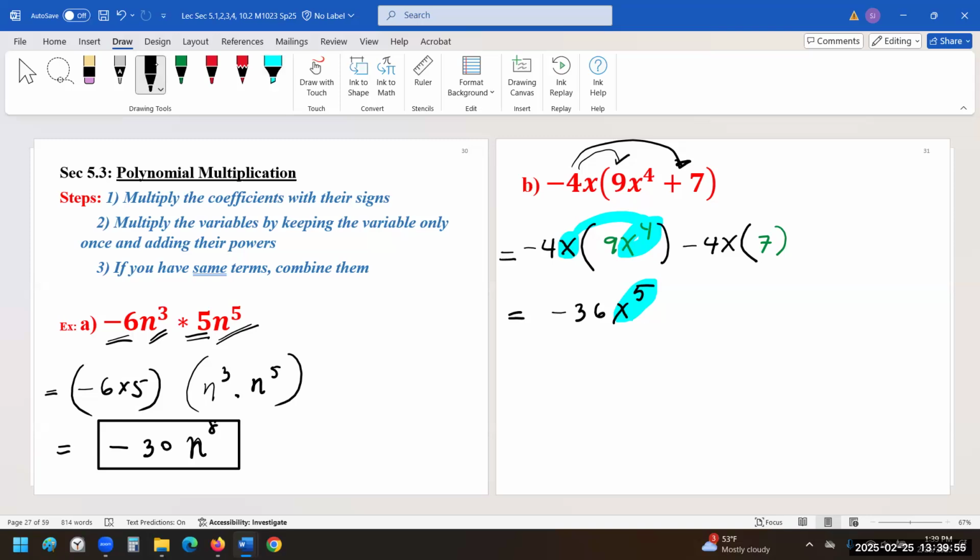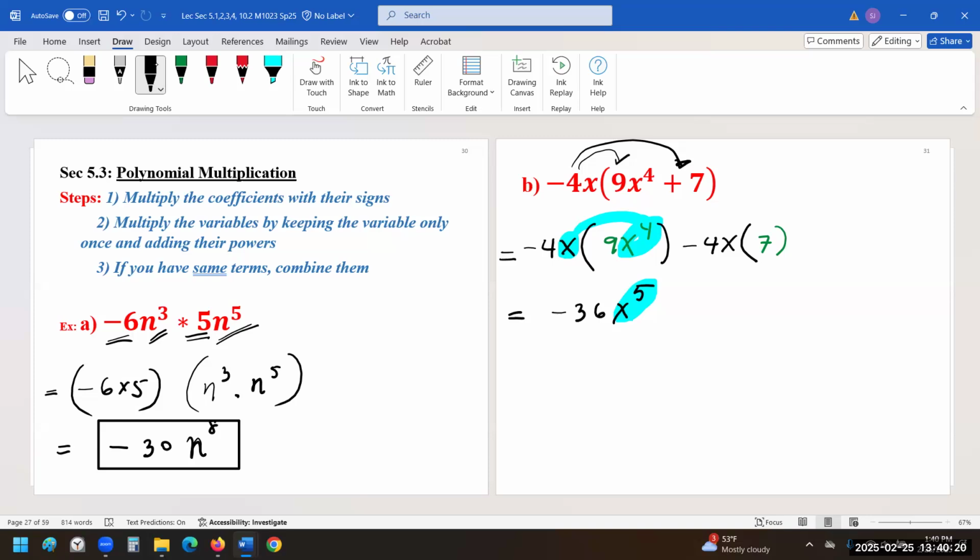So even though you're distributing and multiplying, the exponents are still getting added because we have the same variable x. This is not 4 times, this is negative 4x times that. Since it's an x, it has 1 power, and the other x to the 4 has 4 power. So in total we have 5 powers.